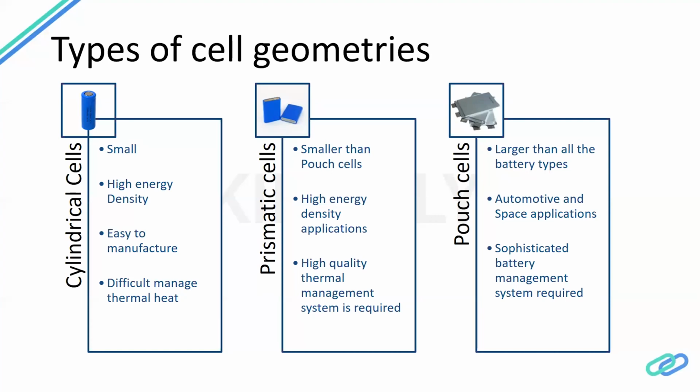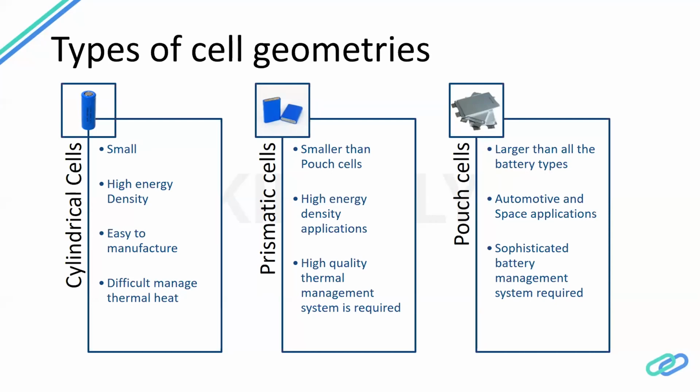Now prismatic cells you might have seen in some toys which use a little bit of electricity. Small cells like cylindrical cells you might have seen in your remote controls or in many applications like torches. Now comes the point where you can see pouch cells. Pouch cells are developed because they need to be used in cars, where the energy density should be higher but the space occupied should be lower, right?